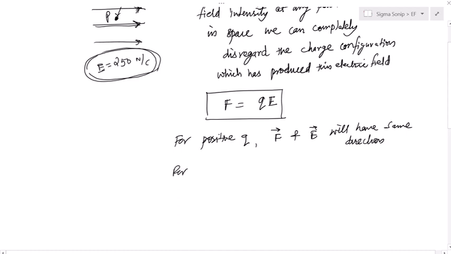And for negative Q, F and E will have opposite direction.